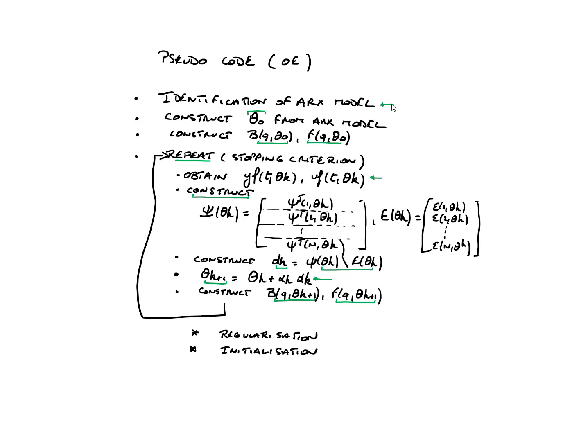What could be added over here is regularization. There is this matrix R that could be ill-conditioned, so have a look at the notes. And of course here you'll have to think about initialization, because there might be signals over here that are not available.